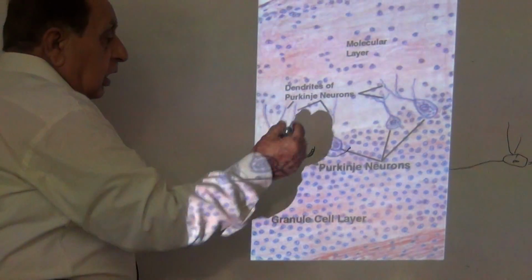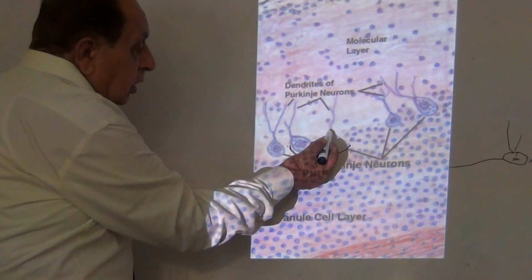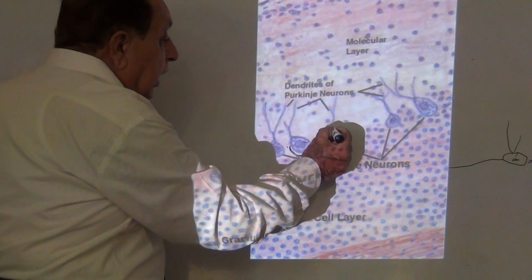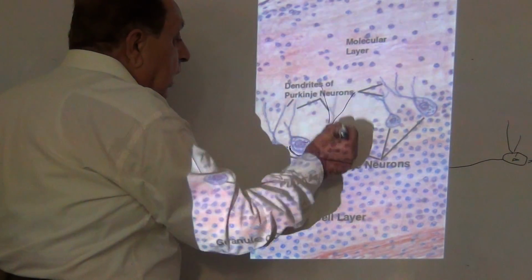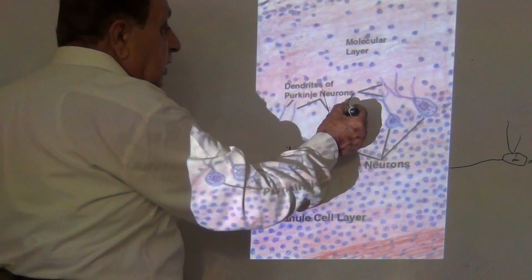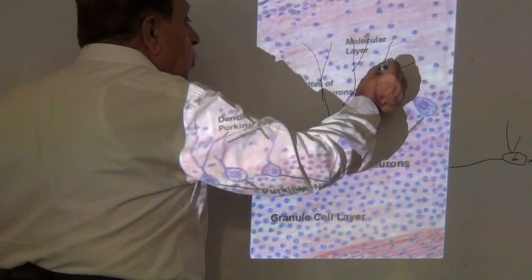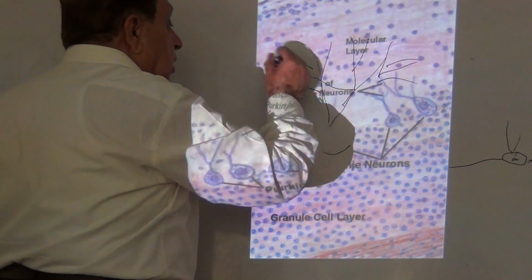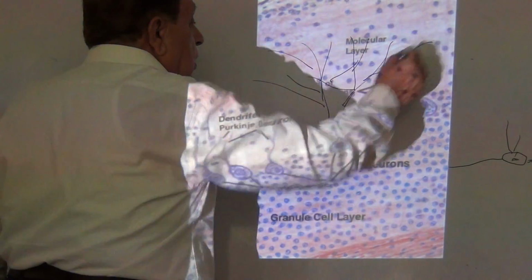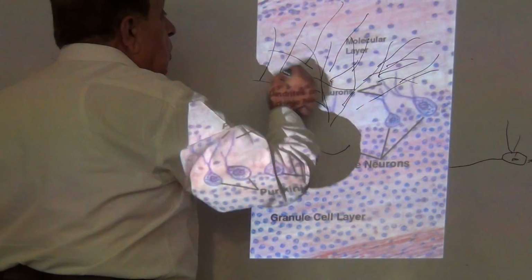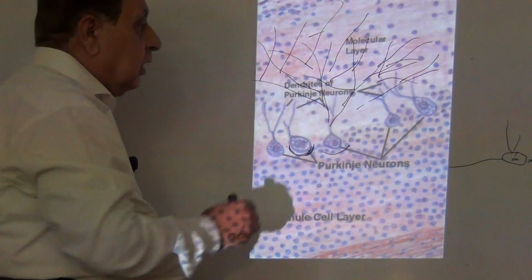Then from the Purkinje cell, there are the dendrites, and these dendrites divide into primary branches, and these primary branches further divide into more branches, moving upward toward the molecular layer.